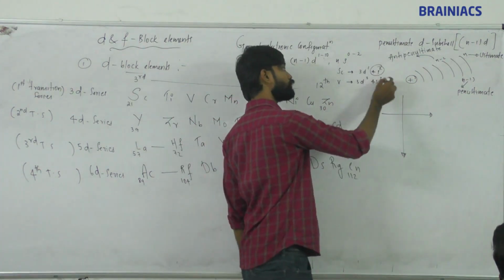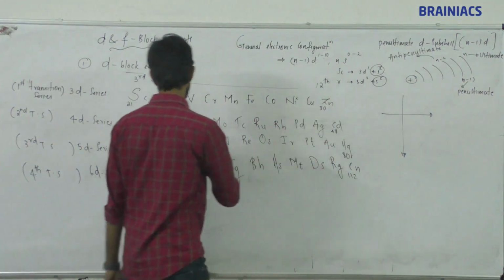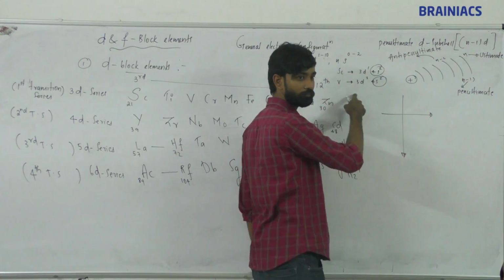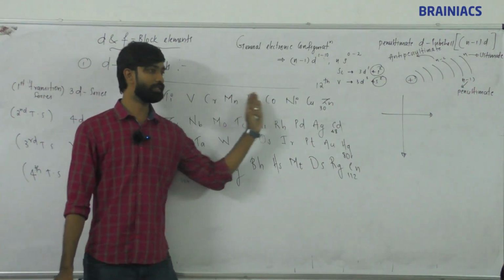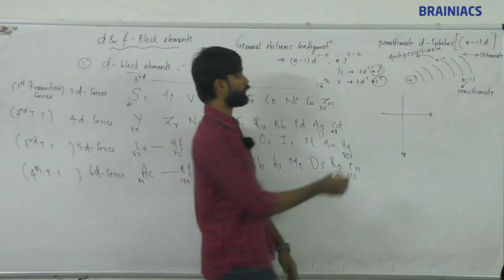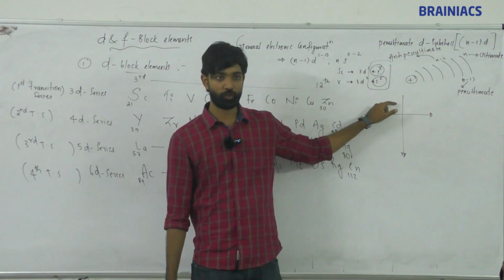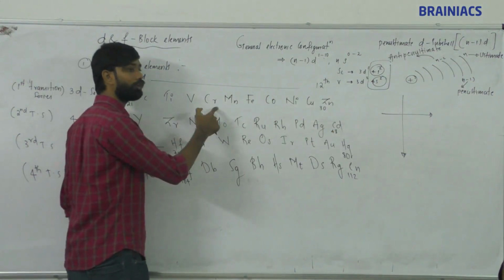The outer electrons are already filled, 4s2, and the next electrons enter an inner shell, so they have comparatively similar properties.